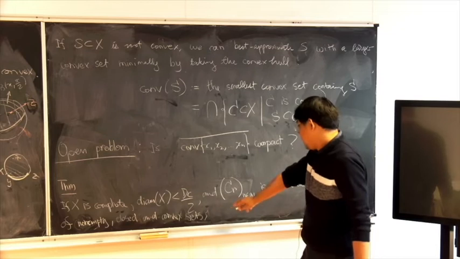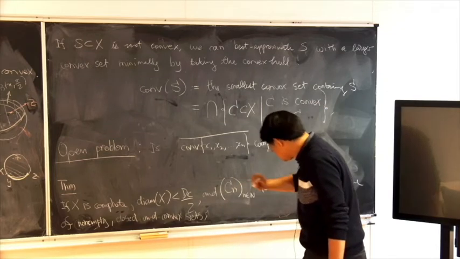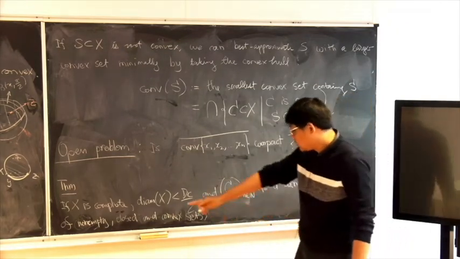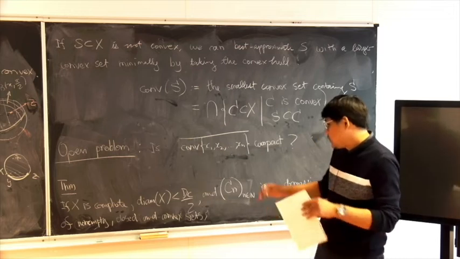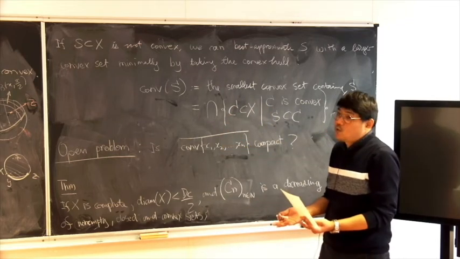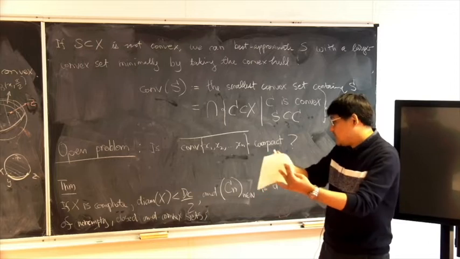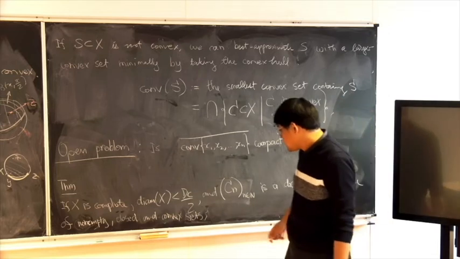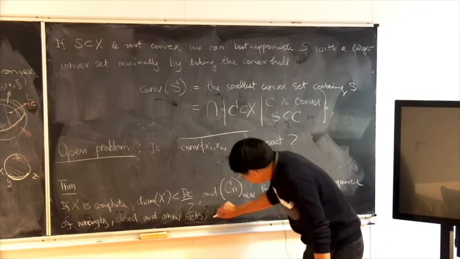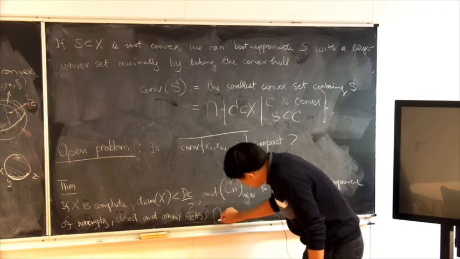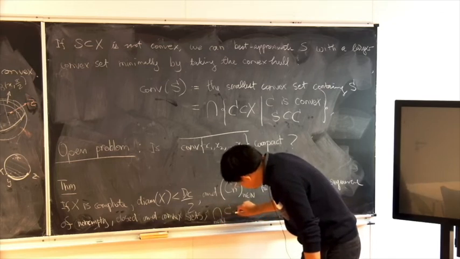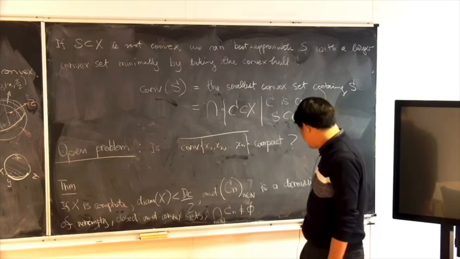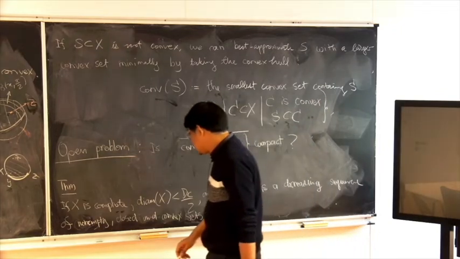Okay, so we take a sequence Cn, which is a decreasing sequence of non-empty closed and convex sets. That means when you take C1, C2 has to be a subset of C1, and C3 has to be a subset of C2, and so on. Okay, so decreasing in the sense of subsets. Then what do we gain out of this? We get that the intersection of all the sets Cn is non-empty.